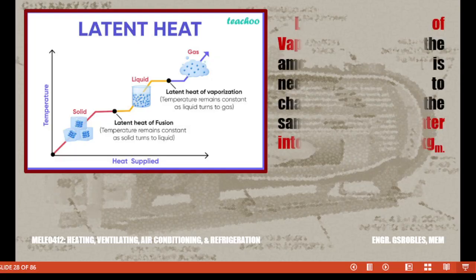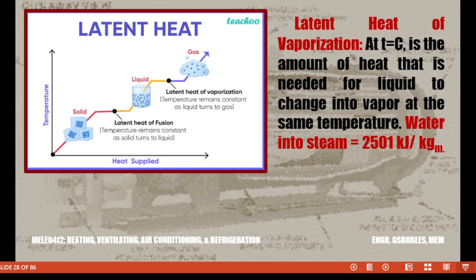So, latent heat values. So, for water to change into steam, it would require some 2,501 kilojoules per kilogram mass of heat energy to be absorbed at constant temperature. So, ang tawag natin dito is what we call the latent heat of vaporization.